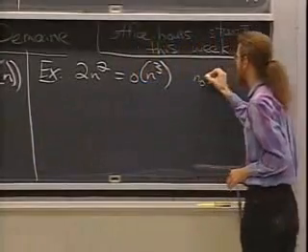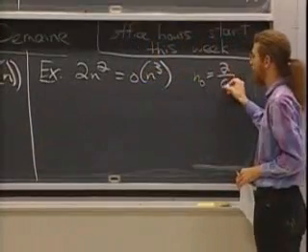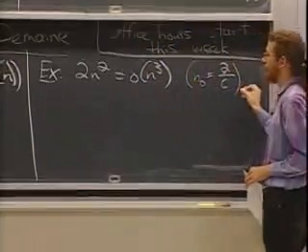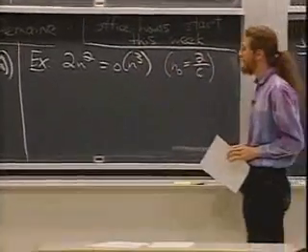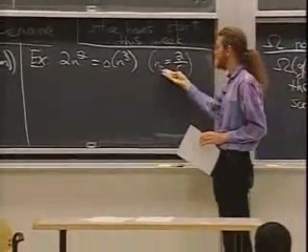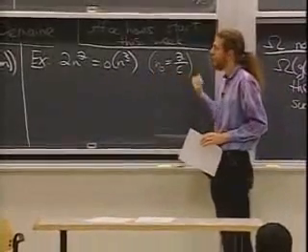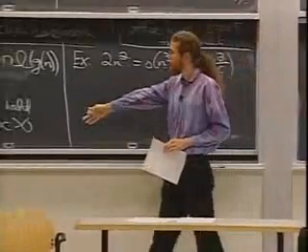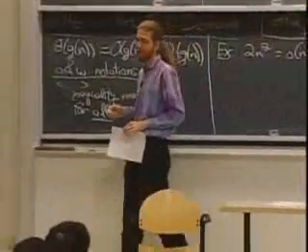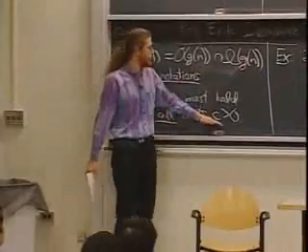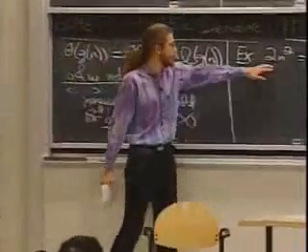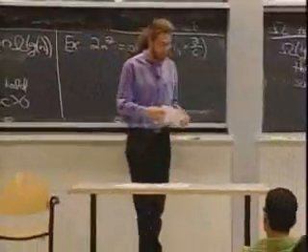I think it's something like 2 over c. That should be right if we have less than or equal to. So as long as n is at least this big, no matter how small of a c, you should think of c here as being epsilon in the usual epsilon and deltas. No matter how small c gets, I can still bound n squared in terms of n cubed, upper bound.